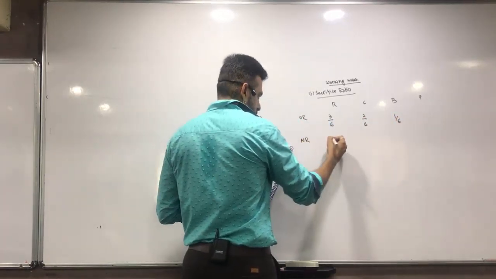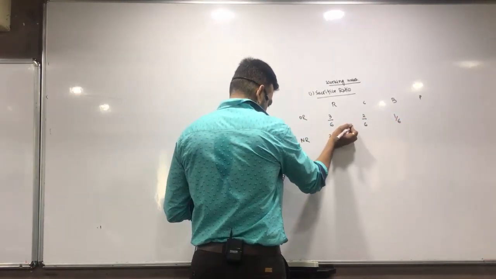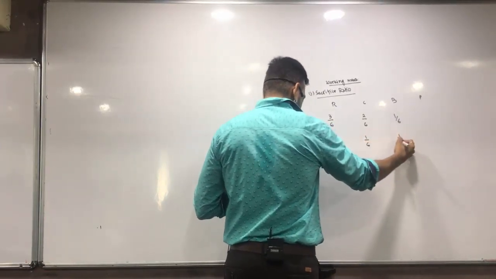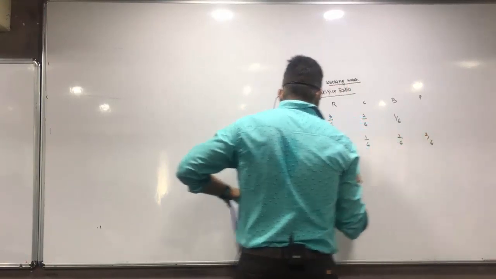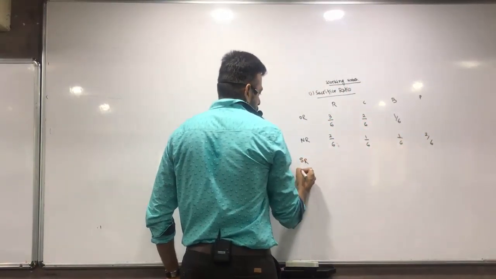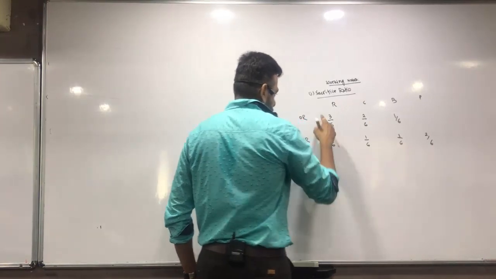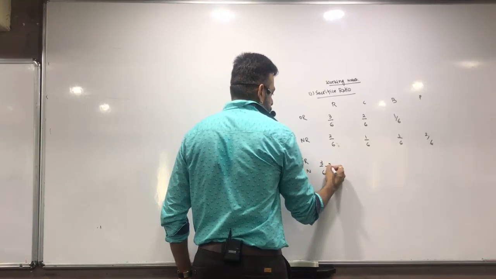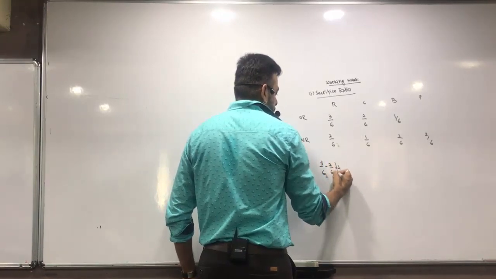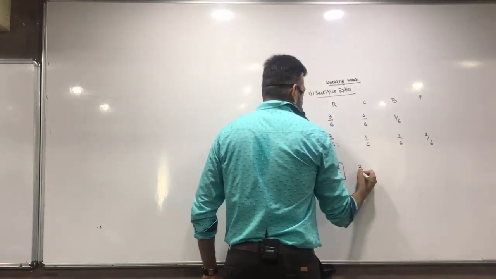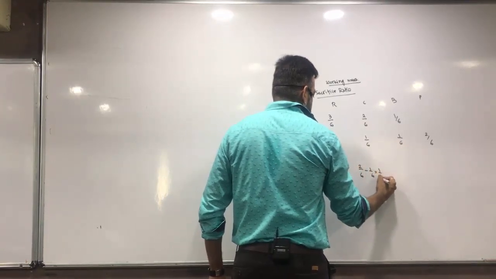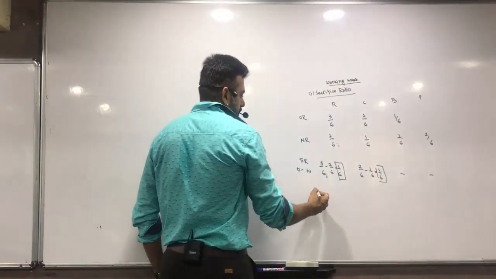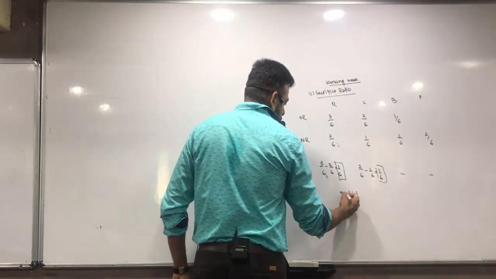New ratio 2/6, 1/6, 1/6, and 2/6. Sacrifice ratio old minus new: 3/6 minus 2/6, 1/6; 2/6 minus 1/6, 1/6; 0. So sacrifice ratio is equal to 1:1.